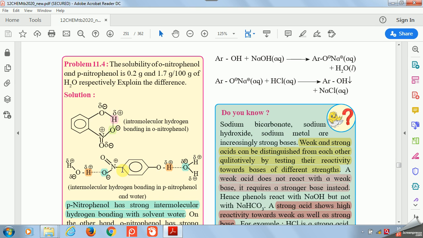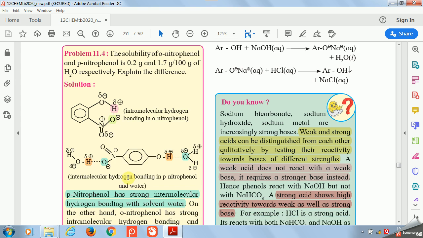But if you observe para-nitrophenol, the hydrogen of the OH group of para-nitrophenol and the oxygen of the water molecule get attracted together and hydrogen bonding is obtained. But here these are two different molecules, one is water, another is para-nitrophenol. So it is an intermolecular hydrogen bond.